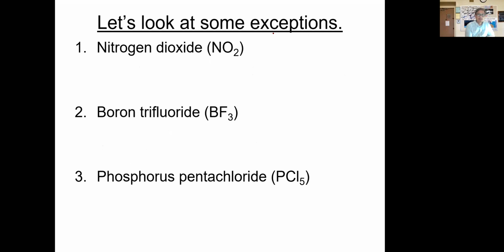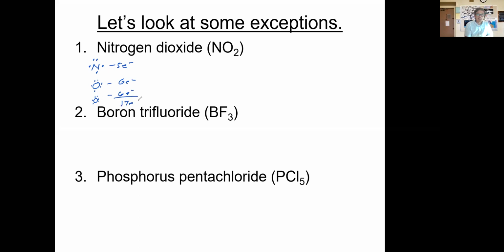First, let's break down the pieces here. Nitrogen has 5 valence electrons. Each oxygen has 6 valence electrons. So we have 5 here, 6 here, and 6 here, for a grand total of 17 valence electrons.